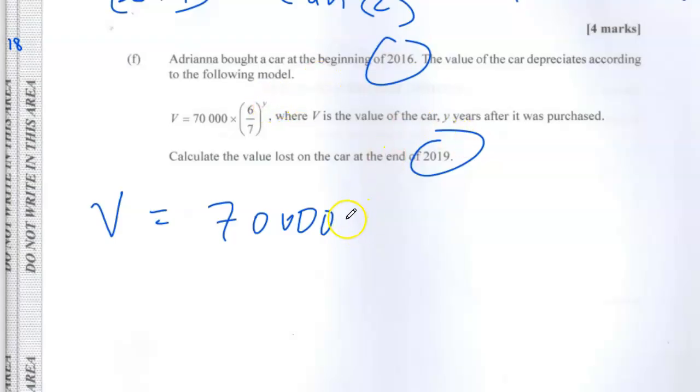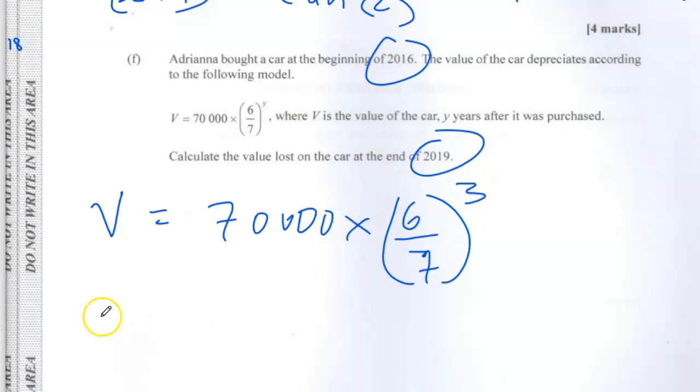So 70,000 times 6 over 7 to the power of 3, or y is 3. So let's calculate this. So V is 70,000, and then 6 over 7 to the power of 3.